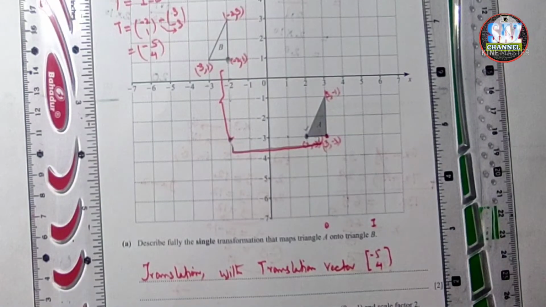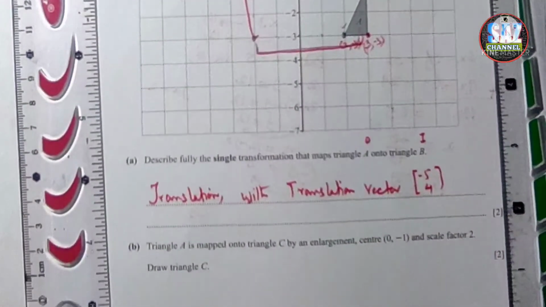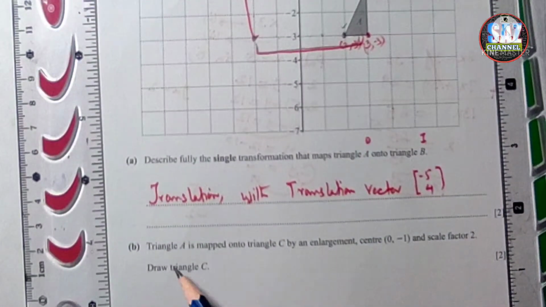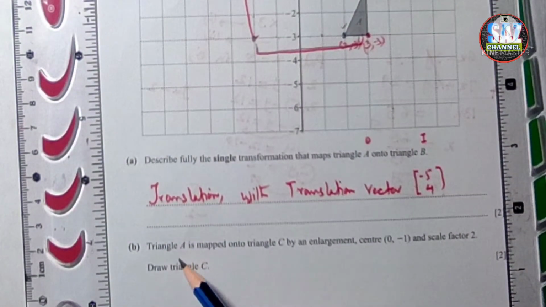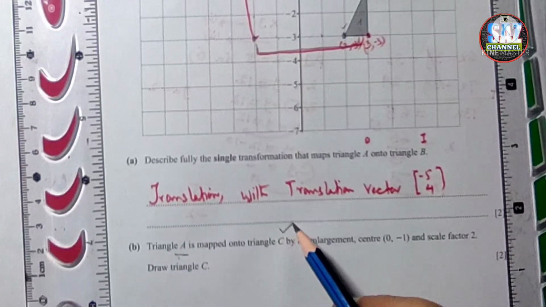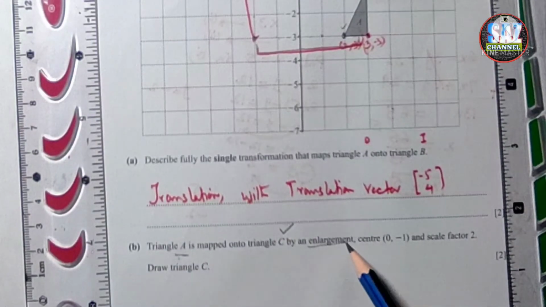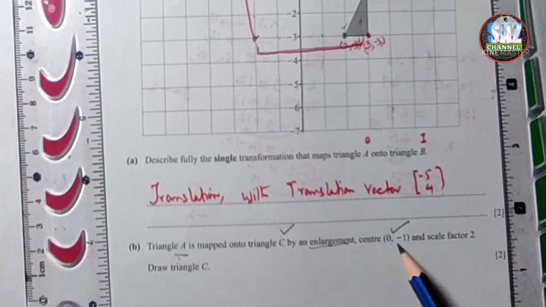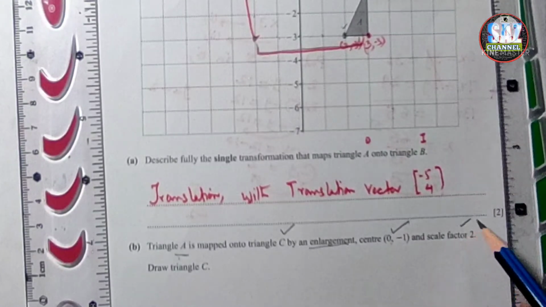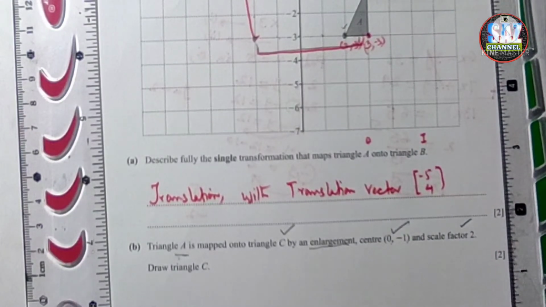Then the next part says that triangle A is mapped onto triangle C by an enlargement with center of enlargement 0 and minus 1, and the scale factor is 2. We have to draw the triangle C. Recall the method of how to enlarge that shape when the center of enlargement and scale factor are given.